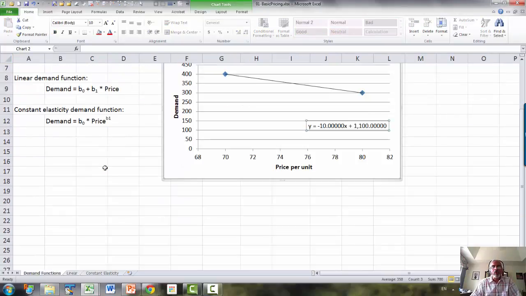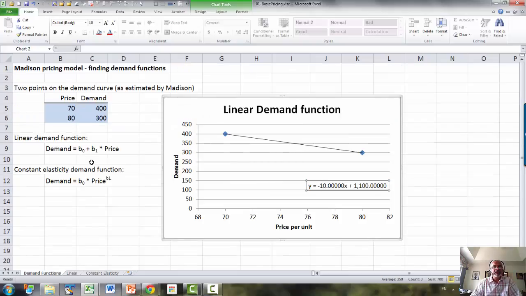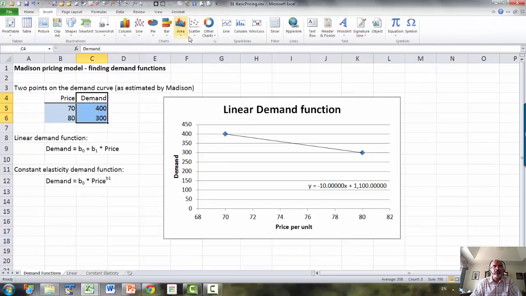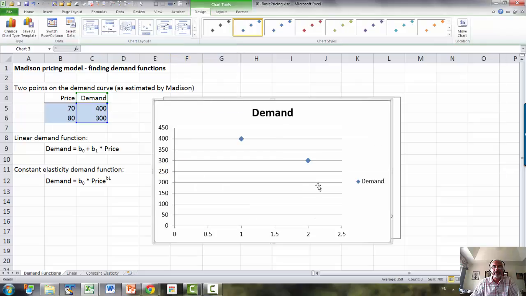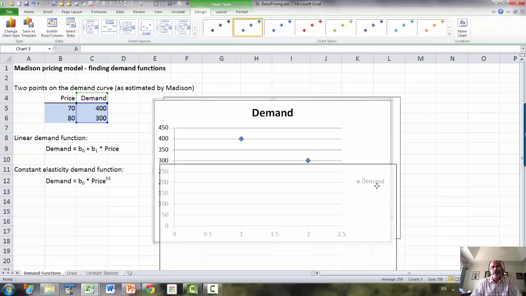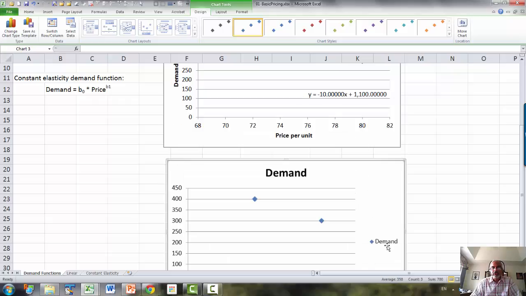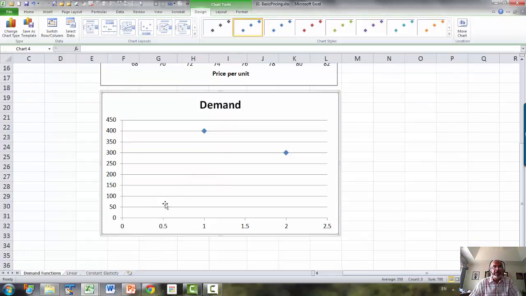We have one more function, which is the constant elasticity demand function. For that, once again, we have to draw another plot. Go to scatter plot. Let's move this down, remove the legend, and now add the x-axis.